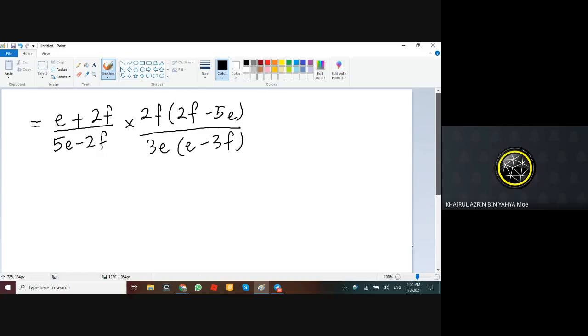Okay, so the key here is this one and this one. We want to change so that both of them are equal, same. So how we want to change? This one we write back, no problem.